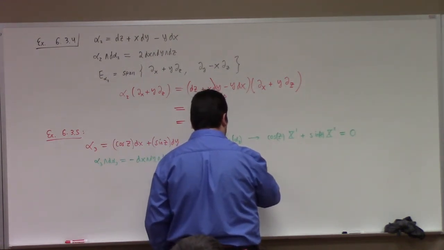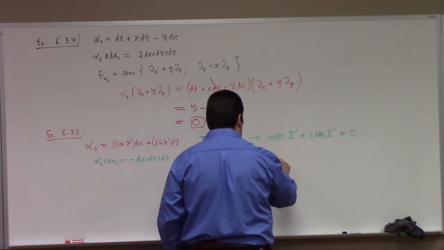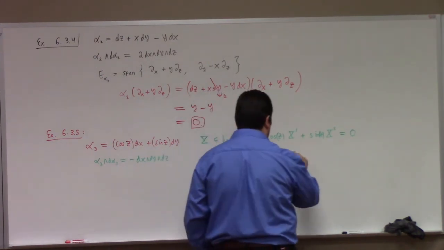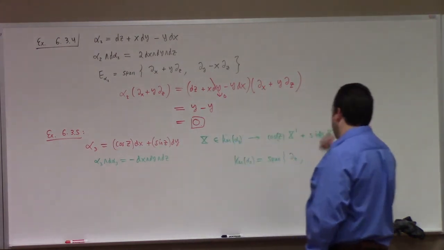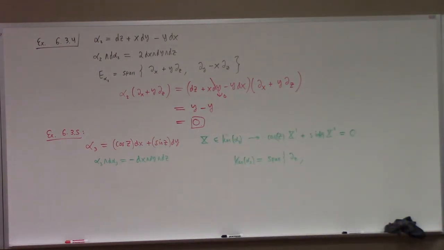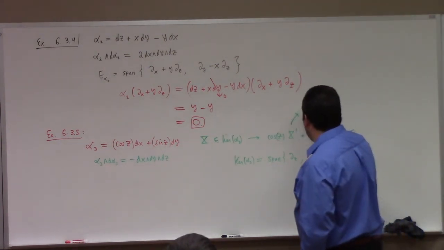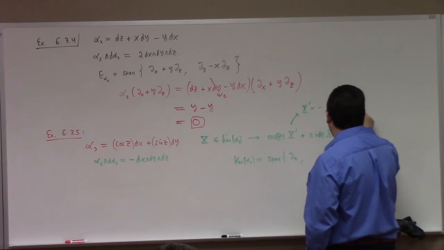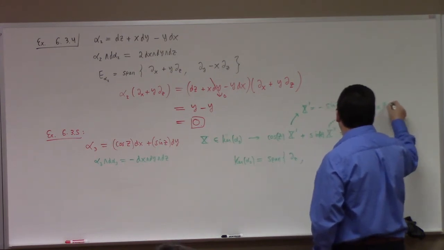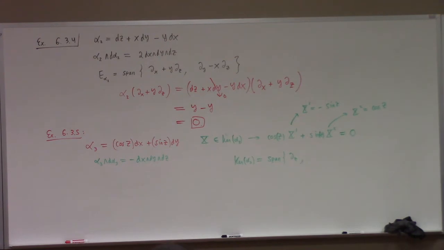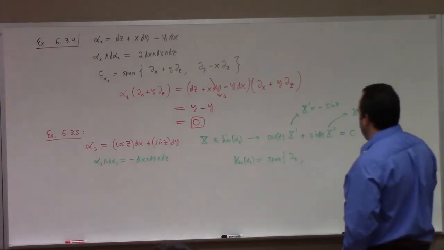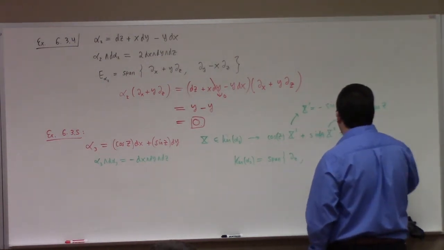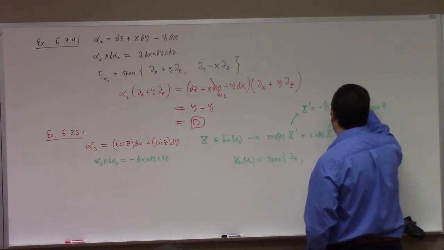So the kernel of alpha 3 is the span of, well, first of all, partial z, because that's not even restricted. No condition on it. And on the other one, this suggests to me that I can put x1 is minus sine z, and x2 is cosine z, times a constant, I mean, times a function, let's say.